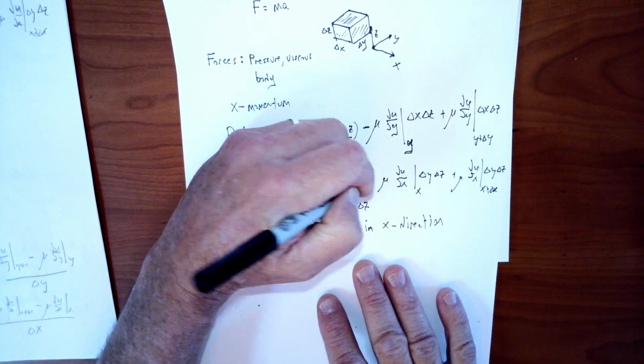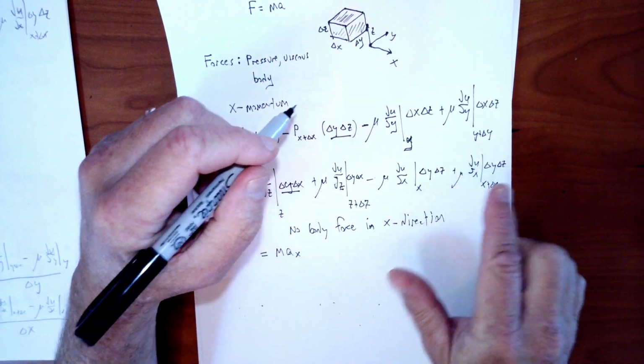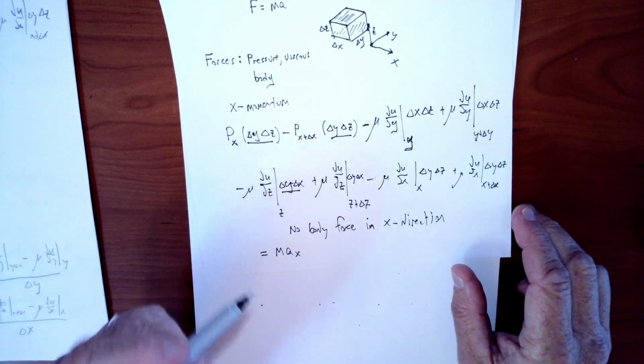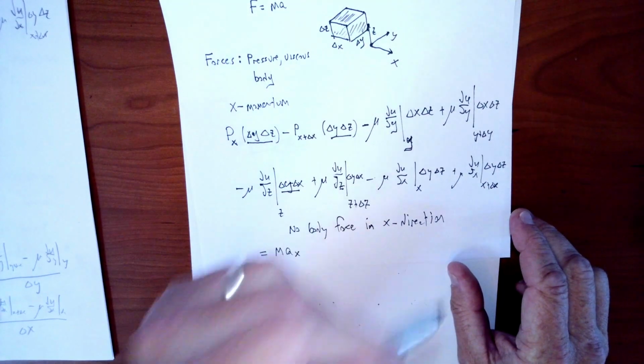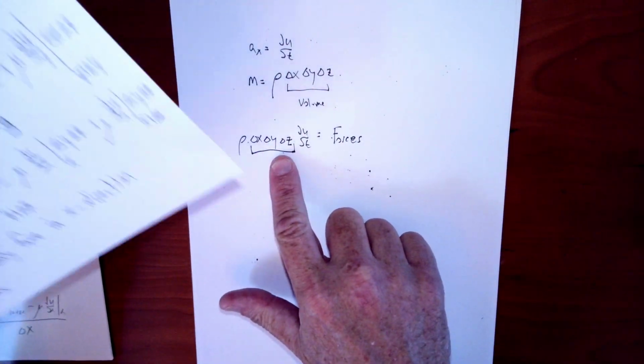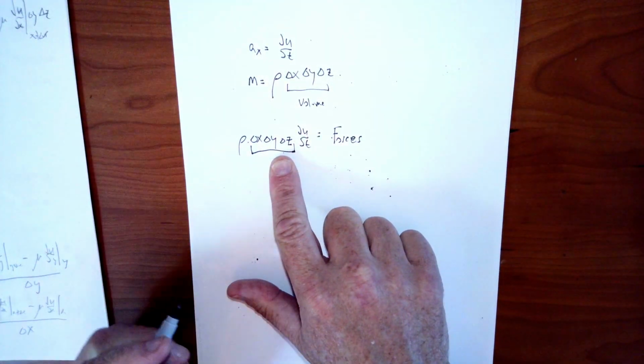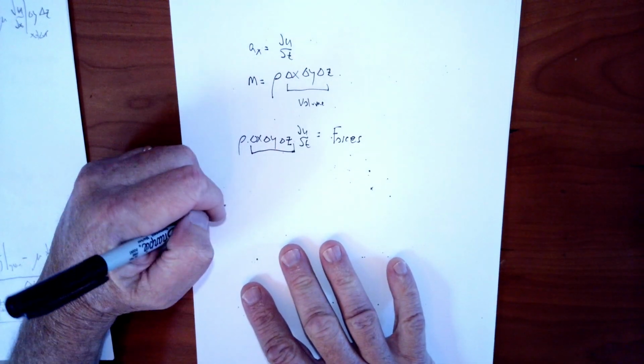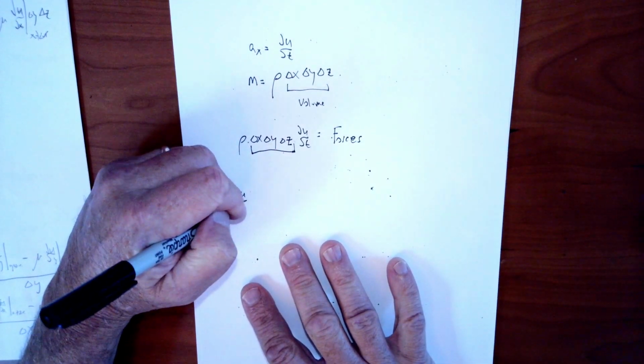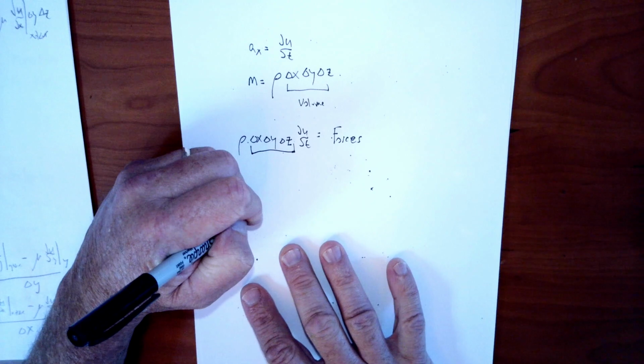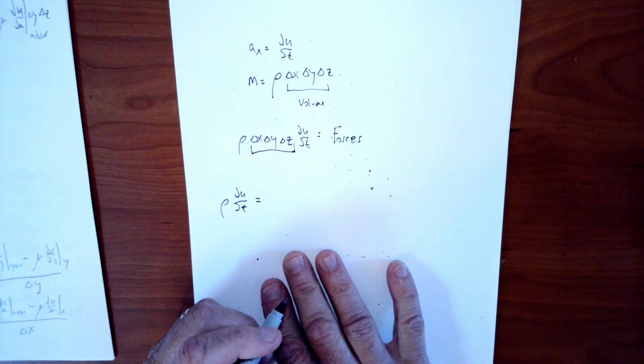It just forgot. This one has a delta y and delta z. So they all have 2, but none of them have all 3. So every one of them is going to end up being divided by the one they don't have. So on the left-hand side, we're going to have rho du dt, because I've divided everything by delta x, delta y, and delta z.